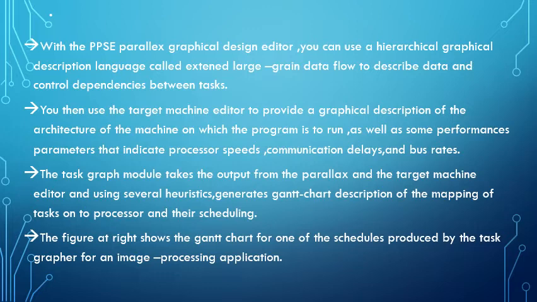The task grapher module takes the output from Parallax and the target machine editor and generates a Gantt chart description of the mapping of tasks onto the processors and their scheduling. The figure at right shows the Gantt chart for one of the schedules produced by a task grapher for an image processing application.